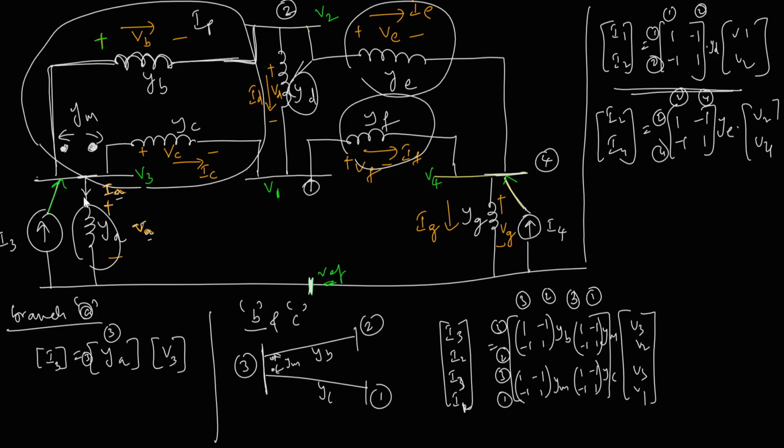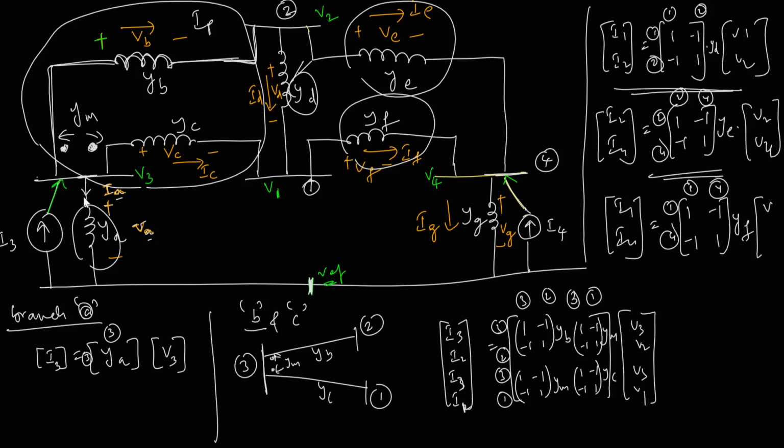Multiplied by V2, V4. And similarly for the F branch, that is 1 and 4: I1, I4, 1 4, 1 4, 1 minus 1, minus 1 1, into YF, multiplied by V1 and V4.